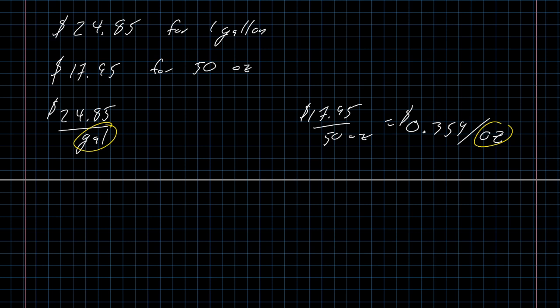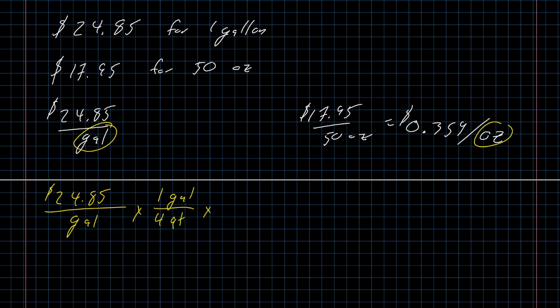I'm going to take the $24.85 per gallon, and I'm going to convert that to dollars per ounce. I don't know the number of ounces in a gallon offhand, but I do know that 1 gallon is the same thing as 4 quarts.